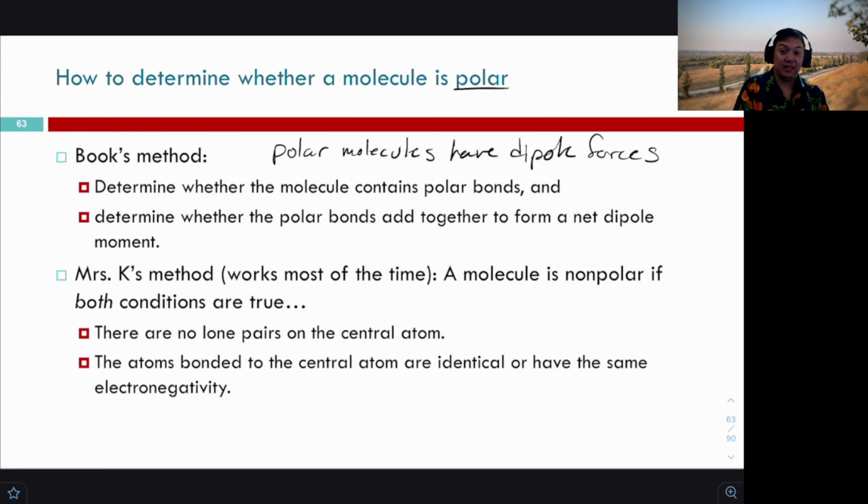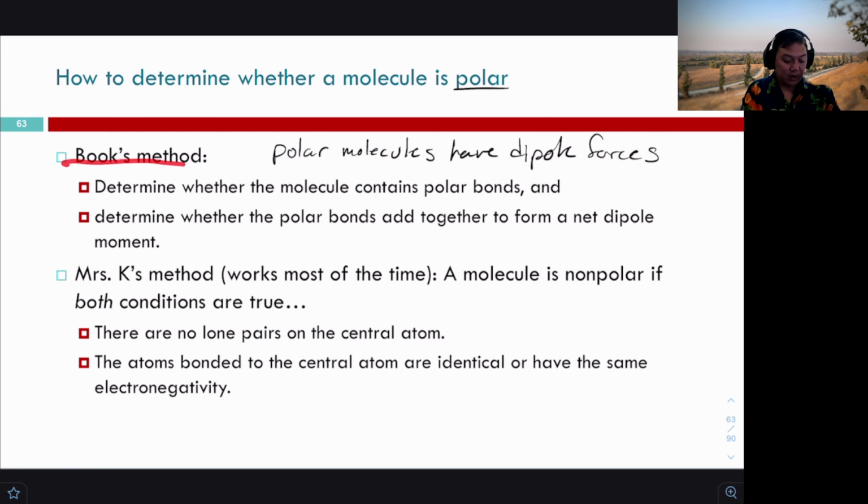This is exactly the same thing that we talked about with Lewis dot structures in relation to polarity, right? We did Lewis dot structures and then looked at the molecular geometry and see if it's asymmetrical, or you could just look and see if there are lone pairs. But this is the same thing. We're just bringing it back up here because it's important for knowing which types of molecules have dipole-dipole forces.